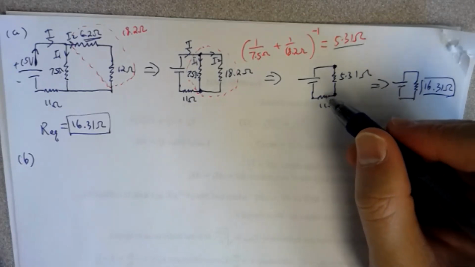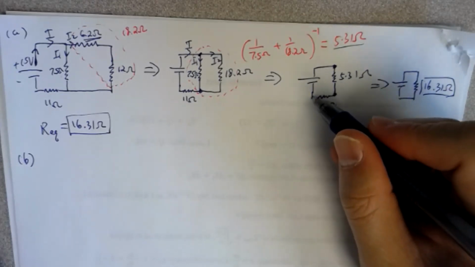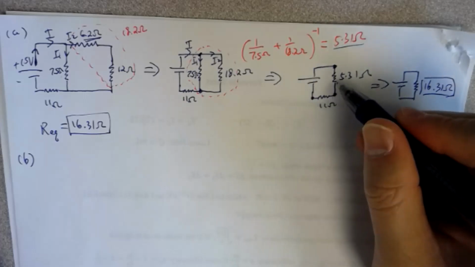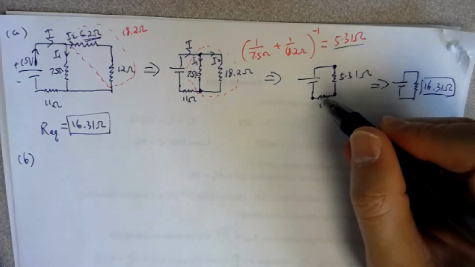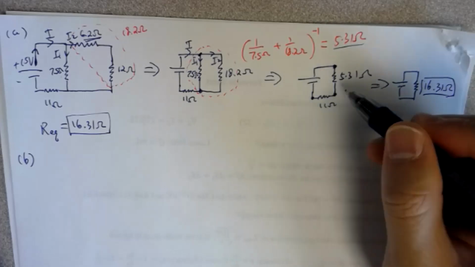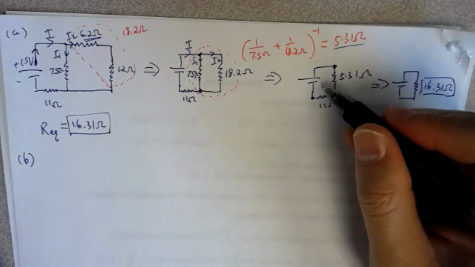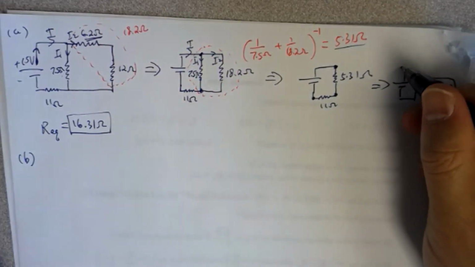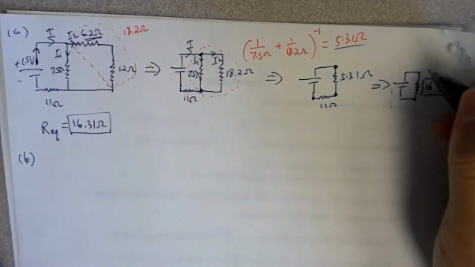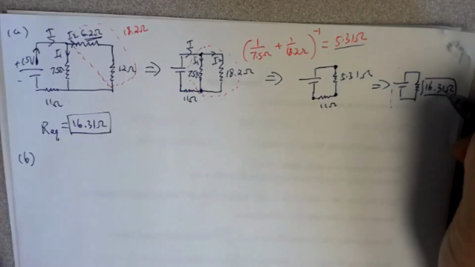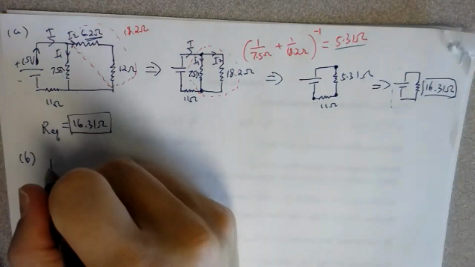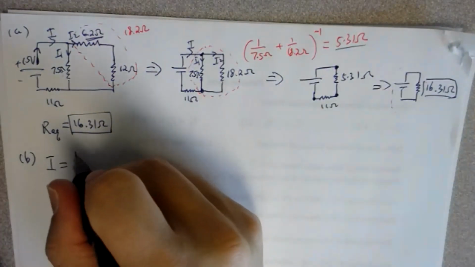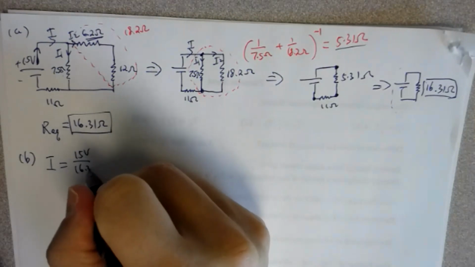Either way, if you find the voltage across this one and subtract it from the given 15 volts, you'll still need to know the I through it. So you need the I of the whole circuit, and you can use the final equivalent resistance, because the whole circuit has that resistance. So I total is equal to 15 volts divided by 16.31.